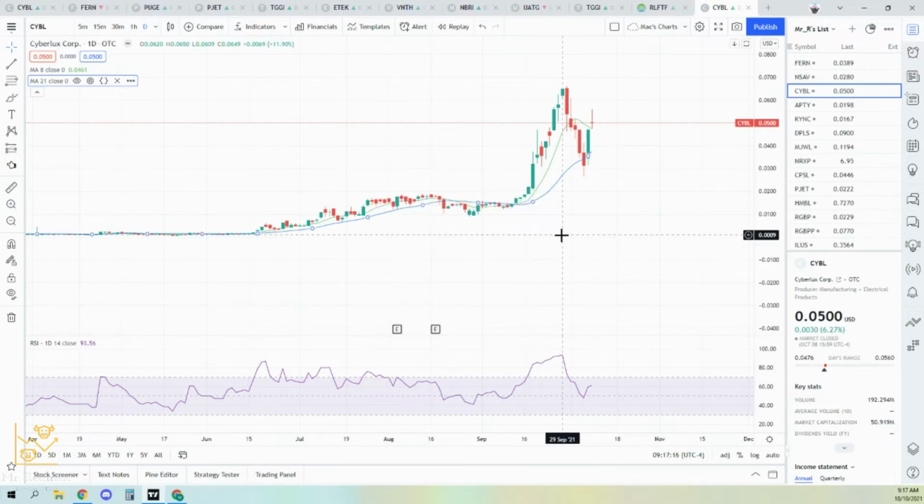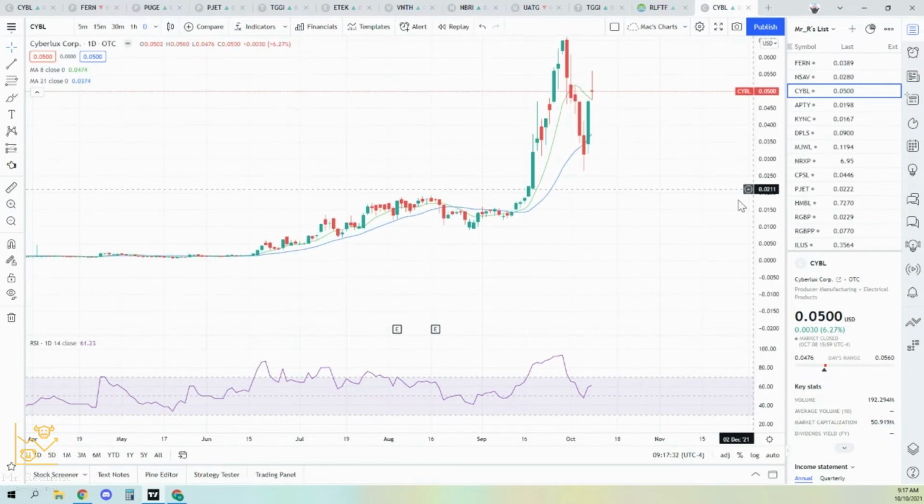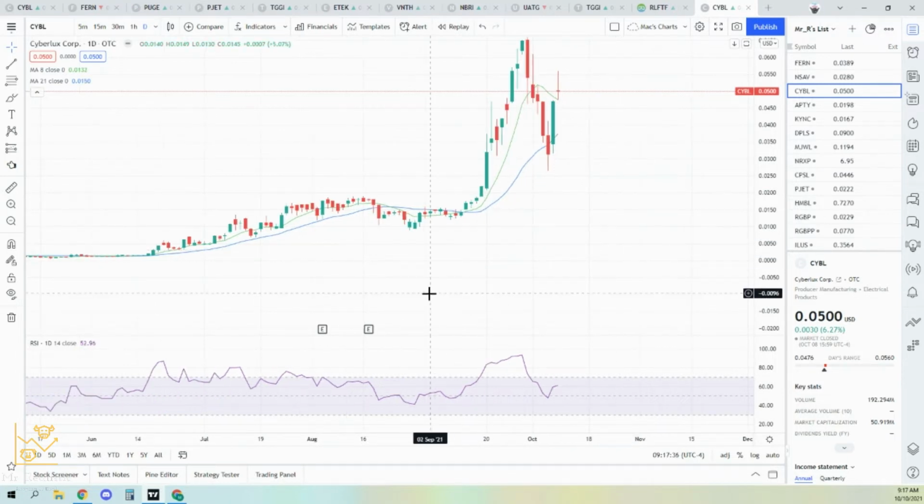Now you have your short-term indicators. These are the indicators that will tell you, predict and forecast the stock motion over those time frames. What I like to do for my entries is use the short-term indicators. So this is the daily of CYBL.